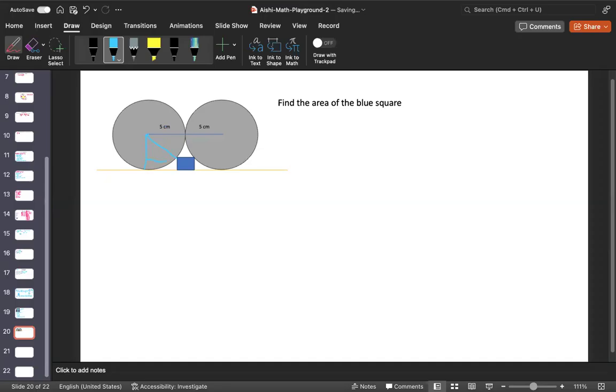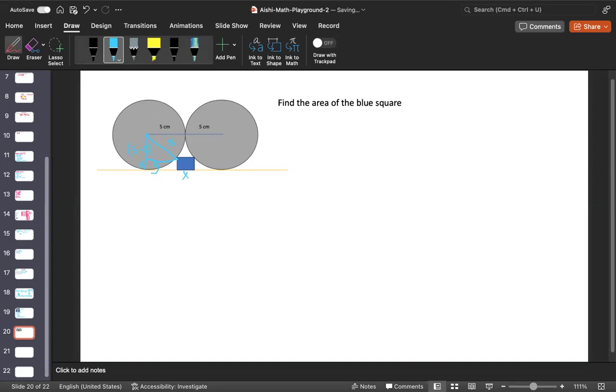This should be easy since we know that this is 5, since this line is the radius. If we call one side of the square x, that means this would be x, and since this is a radius of 5 centimeters, we have 5 minus x for this side, and we can call the bottom side y.